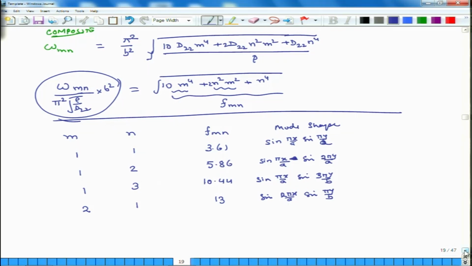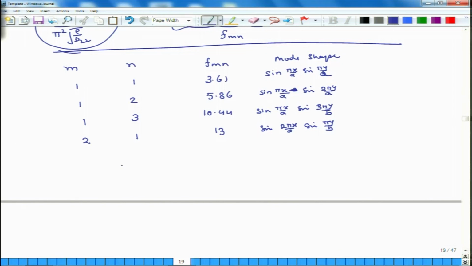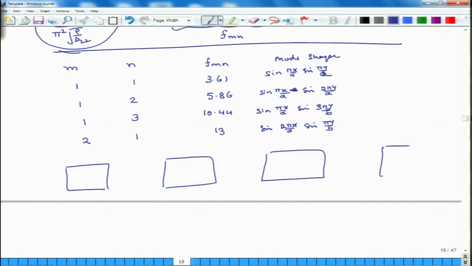So, if I have to see what are, so if I plate, so let us make, so these are four, this is a square plate.